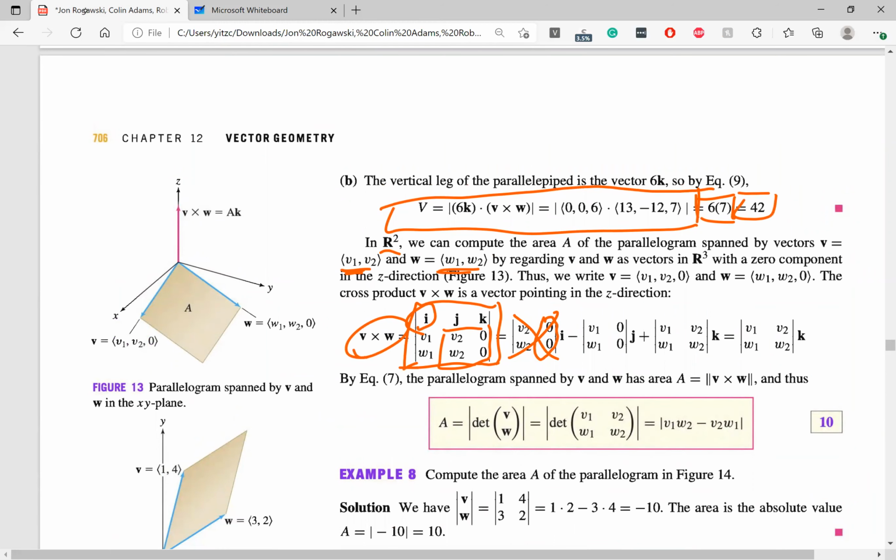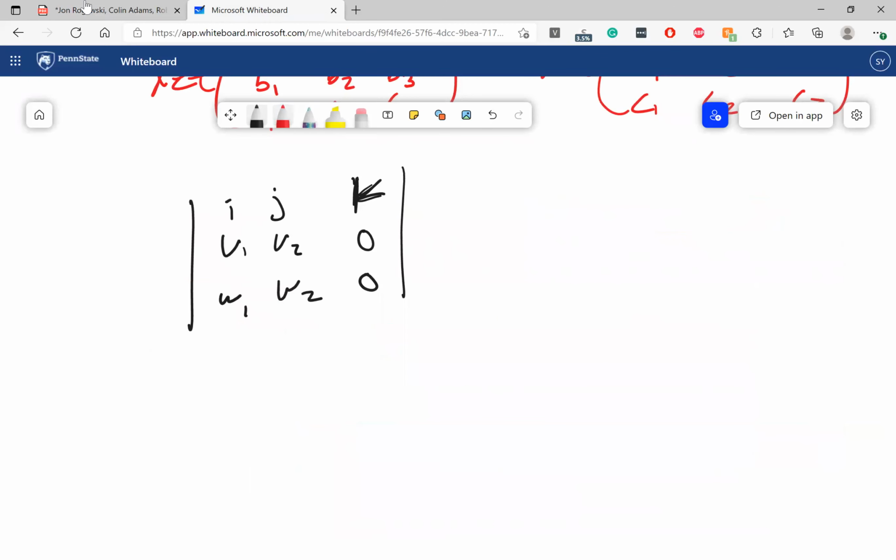Same thing with the jth part. The jth part looks at the matrix that comes out of here, V1, W1, 0, 0. Well, that also disappears because of those 2 zeros. And so you only really get your kth component. And the kth component looks at the matrix that's formed by erasing this row and this column.